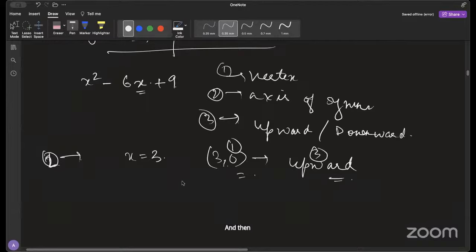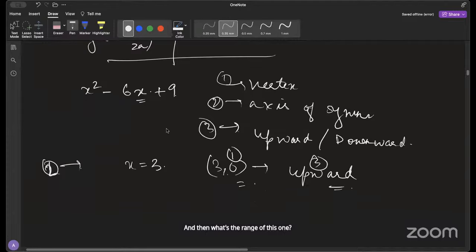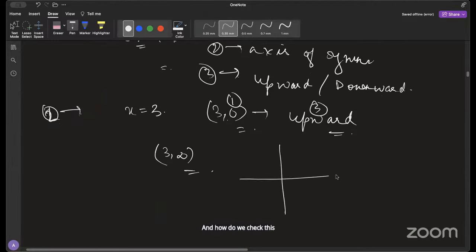And then what's the range of this one? 3 to infinity. And how do we check this? 3, 0 is its vertex. So 3, 0 is here: 1, 2, 3.